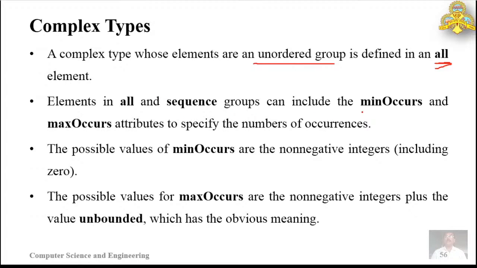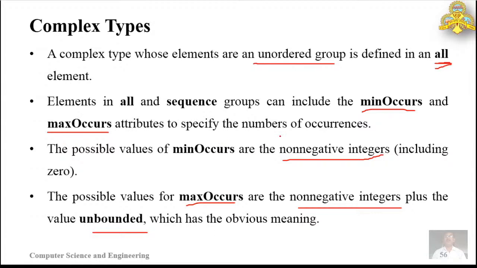And groups can have minOccurs and maxOccurs to specify the number of occurrences, so the element may appear more than once. Values for minOccurs are non-negative numbers, including 0, but you should not give any negative values. Possible values for maxOccurs are non-negative numbers, that is any positive number, plus the value unbounded, which means no such limit.